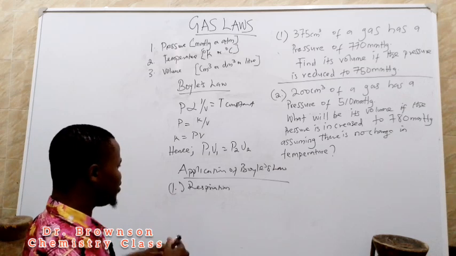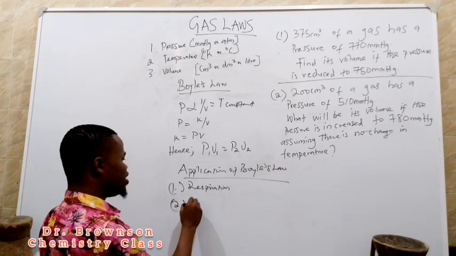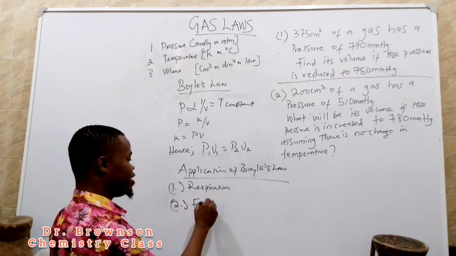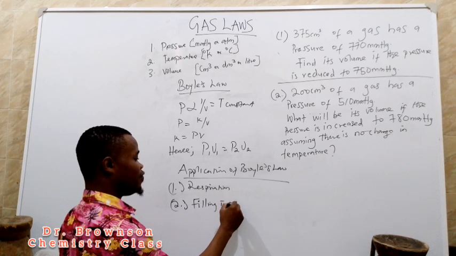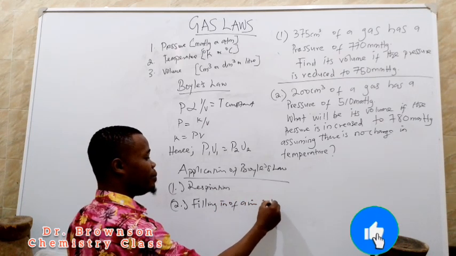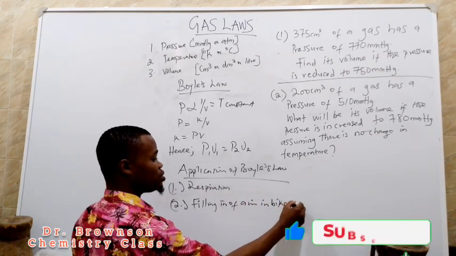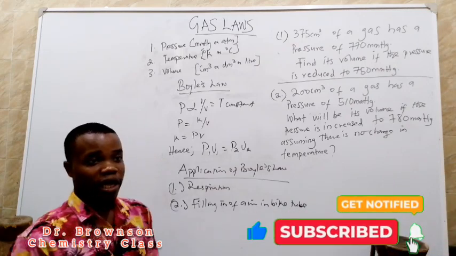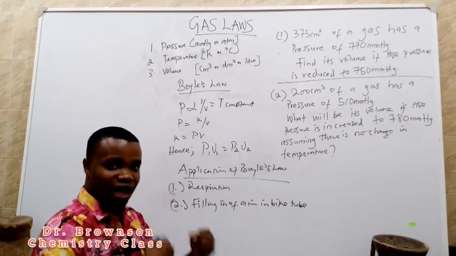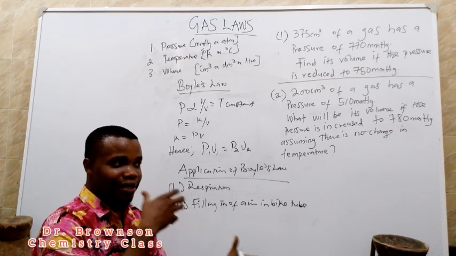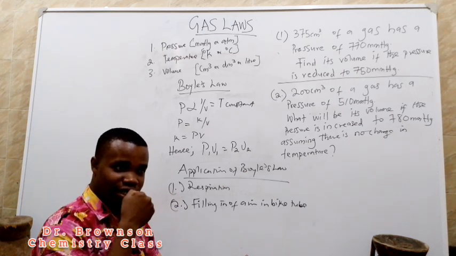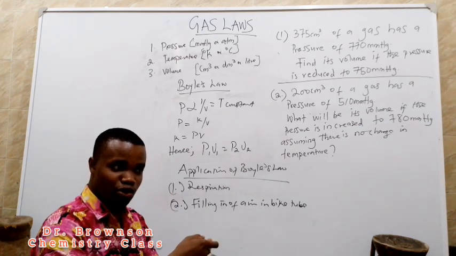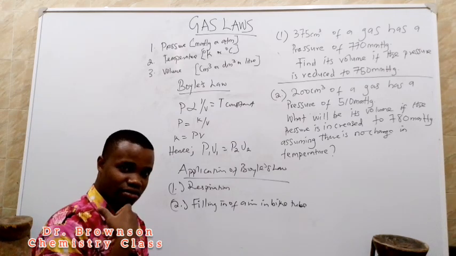Now the second application is the filling of air in bike tubes. As you continue to drive your vehicle, the air which was pumped into the tube of the tire will begin to evacuate.